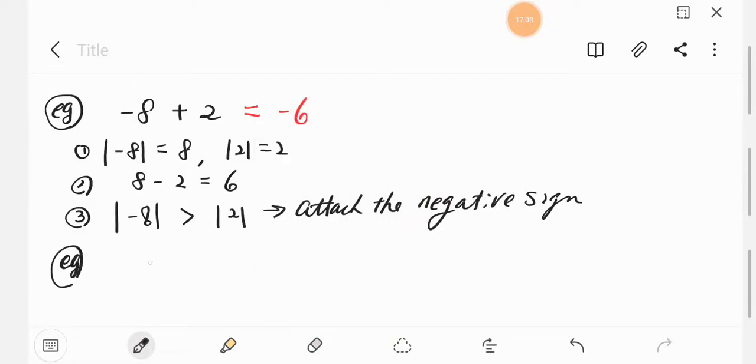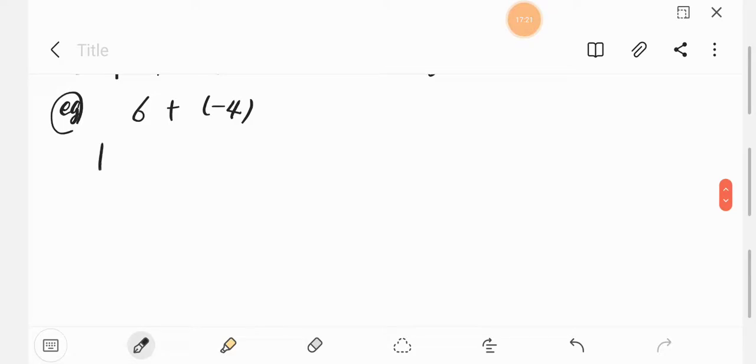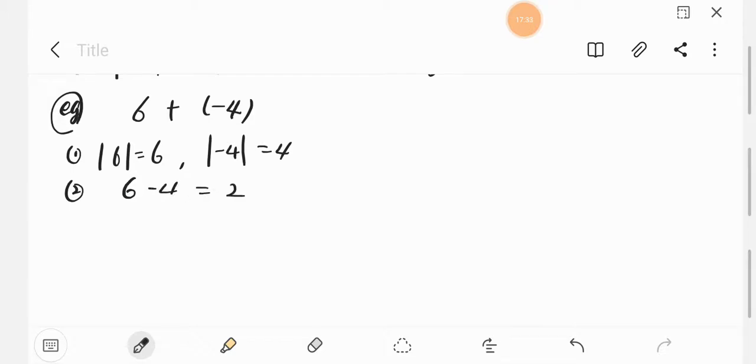Okay, how about this? 6 plus negative 4. What's the absolute value of 6? Which is 6. And the absolute value of negative 4 is 4. Then which one is larger? 6 is larger, right? So 6 minus 4 is 2.